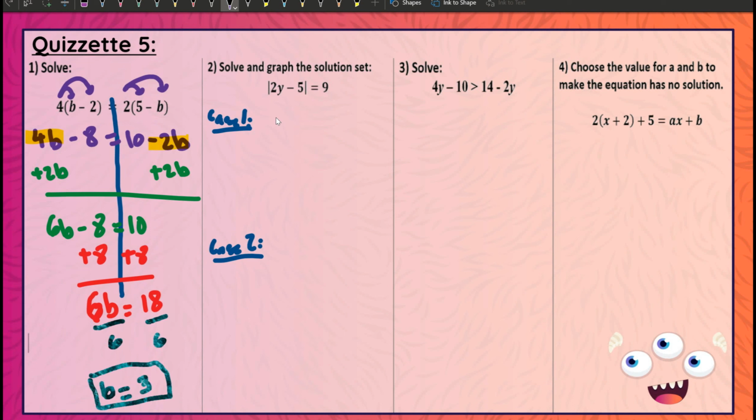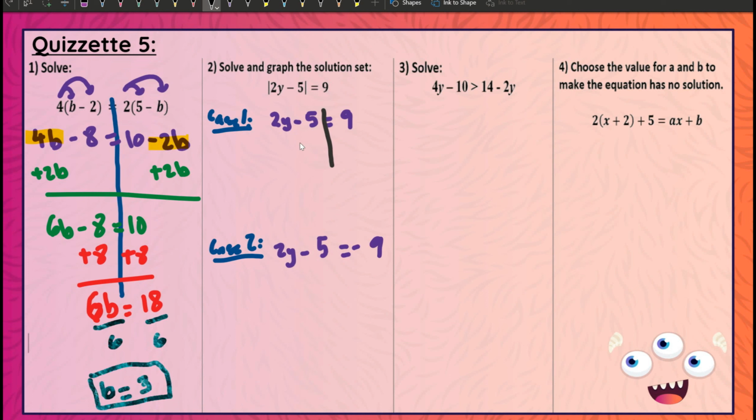For convenience, we normally say there are two numbers with the same distance from 0. So we're going to have 2y minus 5 equals 9 and 2y minus 5 equals negative 9.